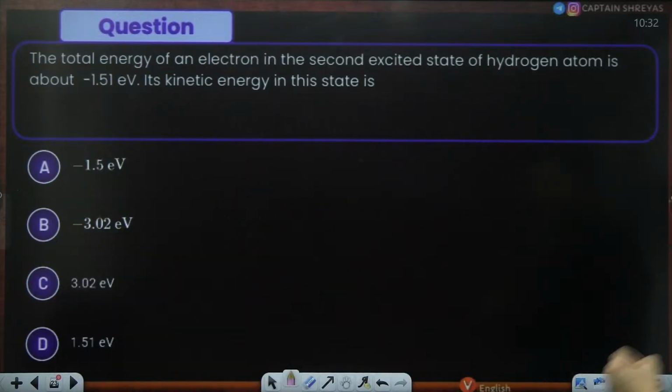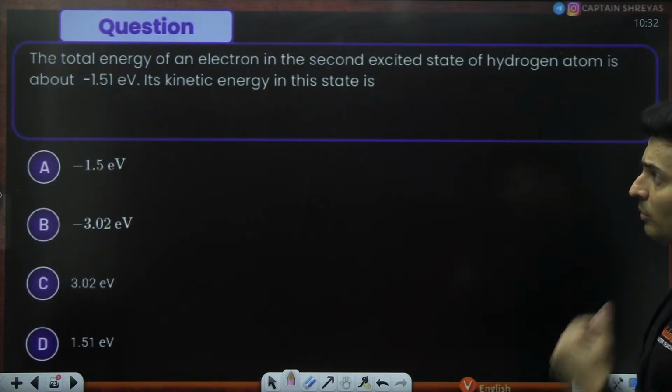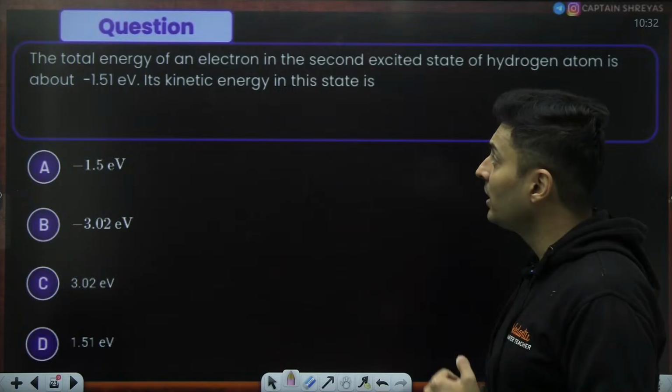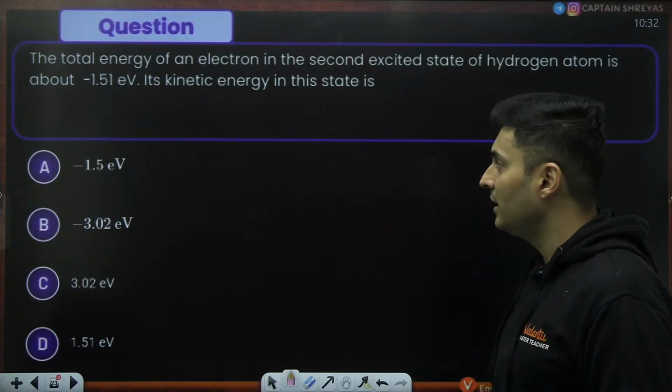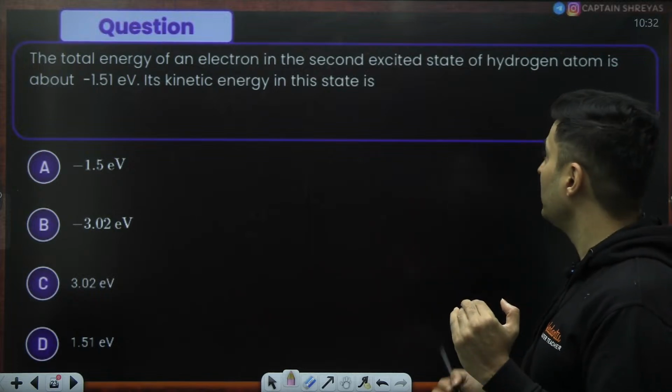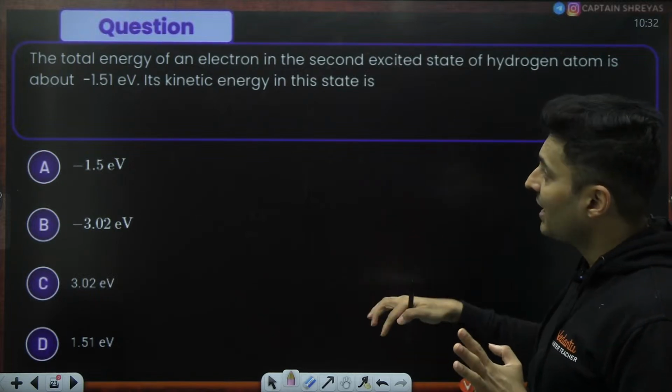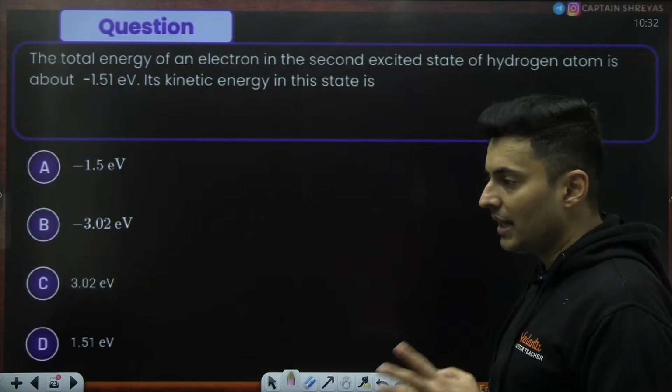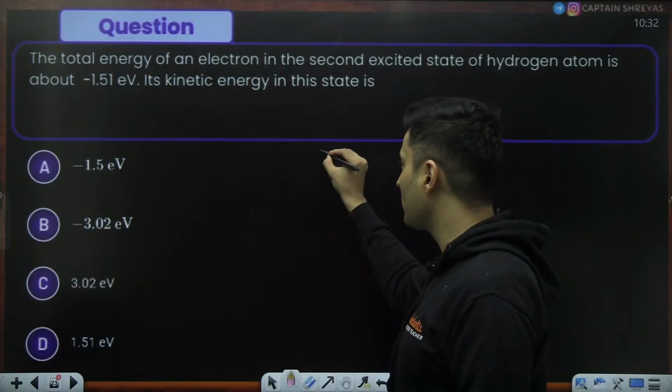The total energy of an electron in the second excited state of hydrogen atom is about minus 1.51 electron volt. Its kinetic energy in this state is how much? There is a direct relationship for kinetic and potential energy.